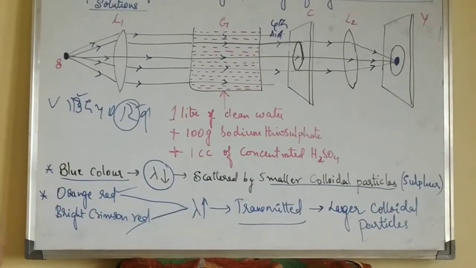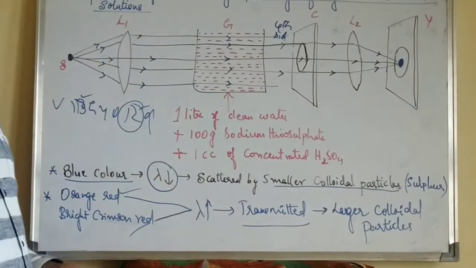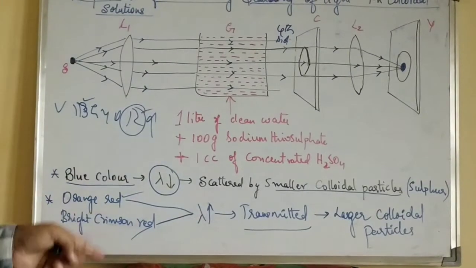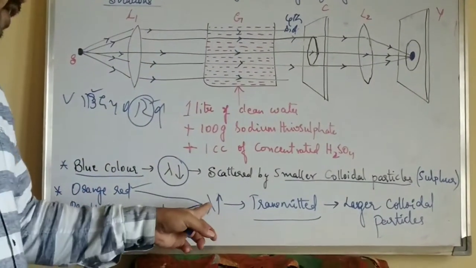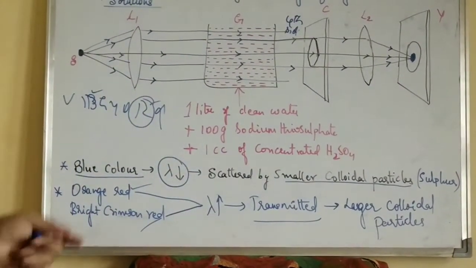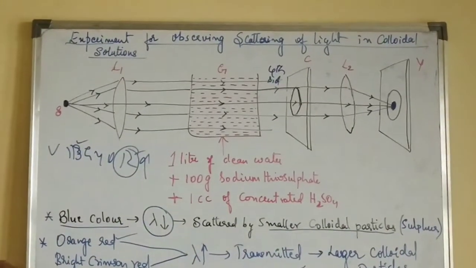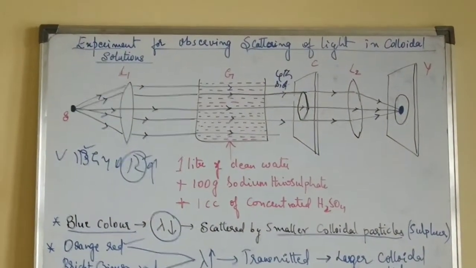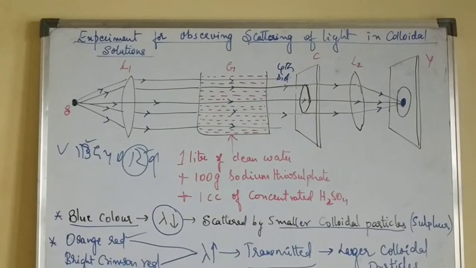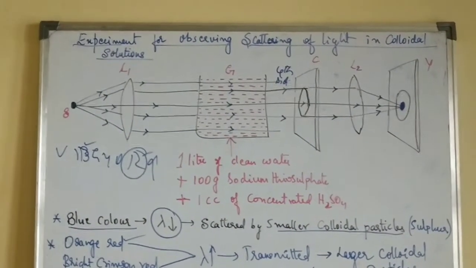The large sulfur particles, meaning a colloid, could transmit the color having the greater wavelength. So this experiment illustrates the scattering of light, or the Tyndall effect, that we can observe in colloidal solutions.